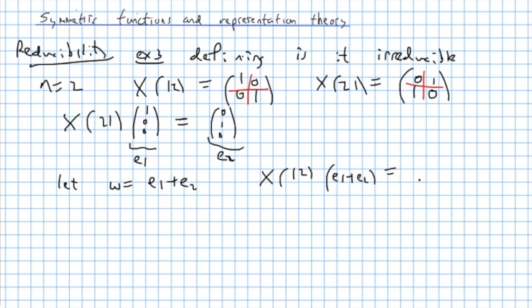By linearity, this is what happens when you multiply the matrix by E1, it's just going to be E1, and when you apply it to E2, you just get E2. So that's fixed. But the other permutation matrix is also fixing this vector, because it sends E1 to E2 and it sends E2 to E1. But this is just the same vector you had before.